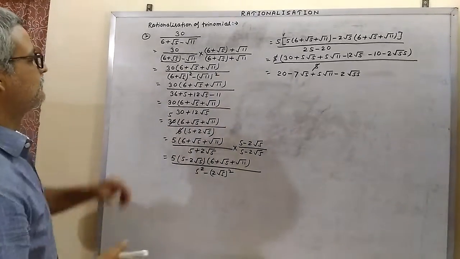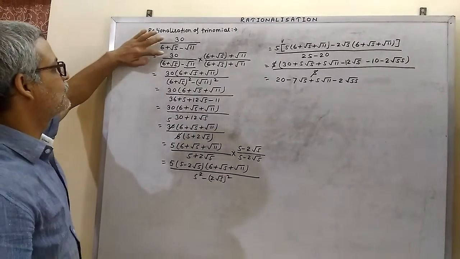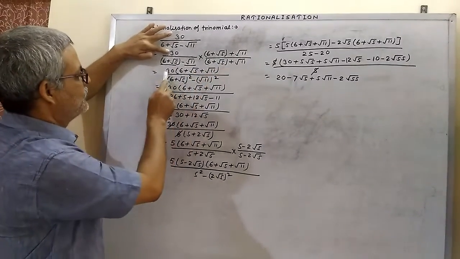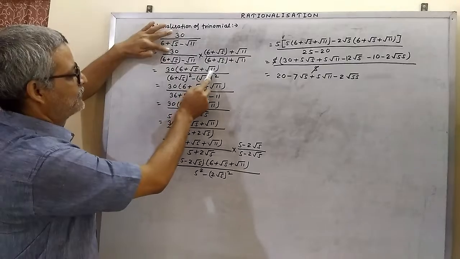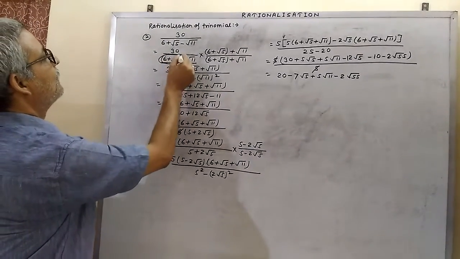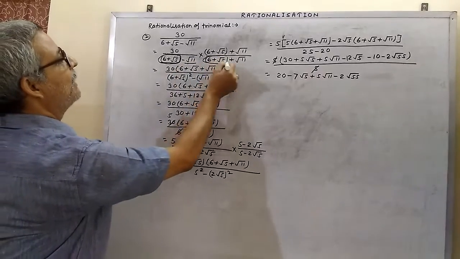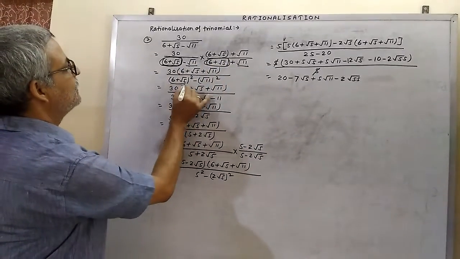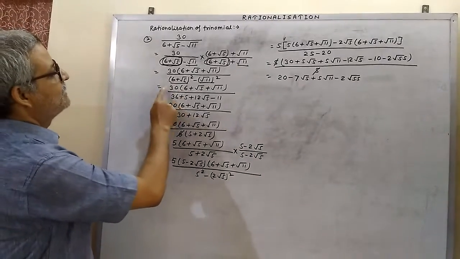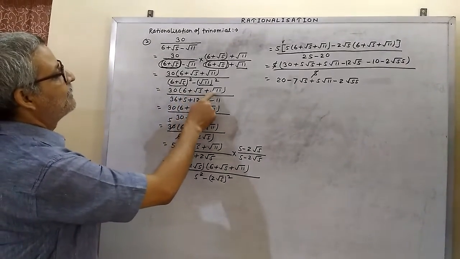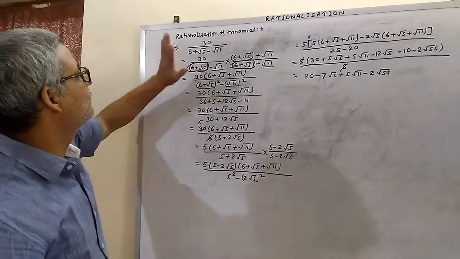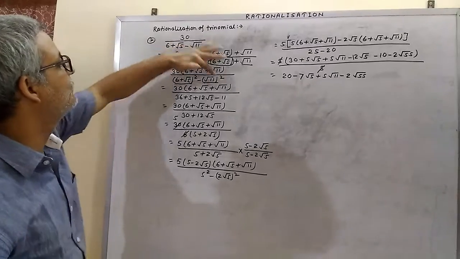Now in the numerator, carefully, simplification work is there. 30 into 6 plus root 5 plus root 11, divided by, now it becomes a minus b into a plus b, that is a square minus b square. The numerator remains the same as it is, 30 into 6 plus root 5 plus root 11.